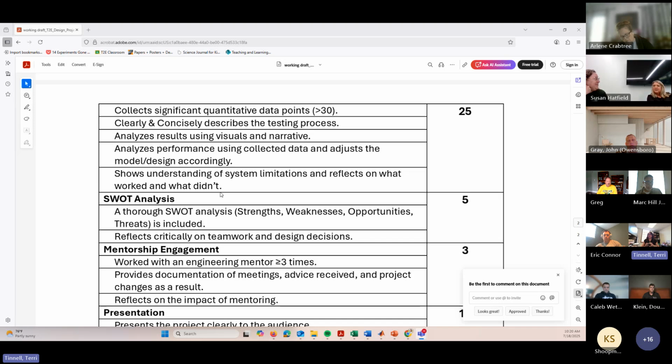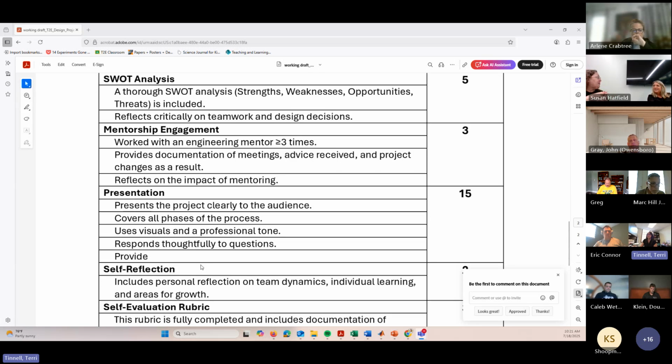When you're evaluating the major strengths of your project and the weaknesses where it could have some pitfalls, opportunities or where you can find growth within your product or project, and then threats are typically your limitations, things that either you can or can't do anything about, but you acknowledge them in terms of limitations to the overall project and ability to kind of progress it forward. And then we're really looking to see that they reflect through that process. That's really impactful.